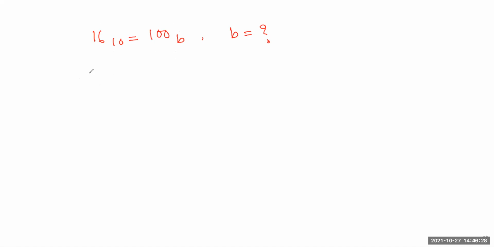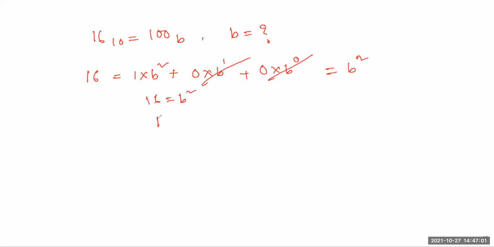So 16 equals 1 into B square plus 0 into B to the power 1 plus 0 into B naught. From this we are getting only B square. So 16 equals B square. So from this you can write B equals 4. This is the answer for this problem.